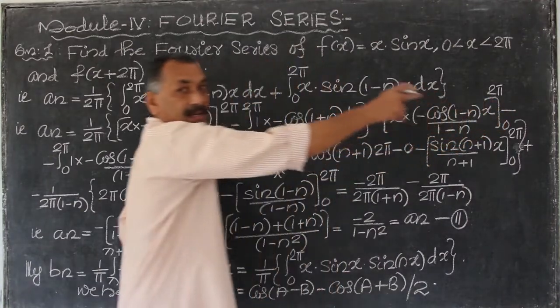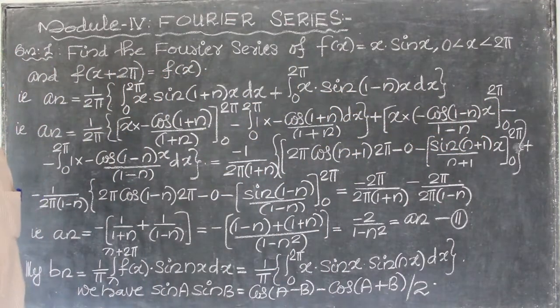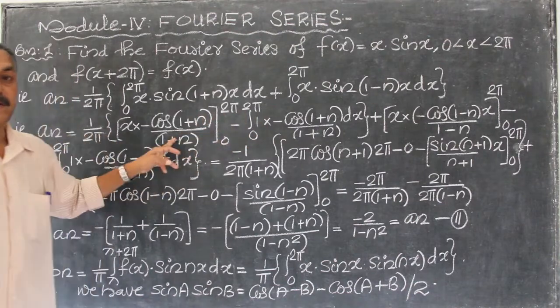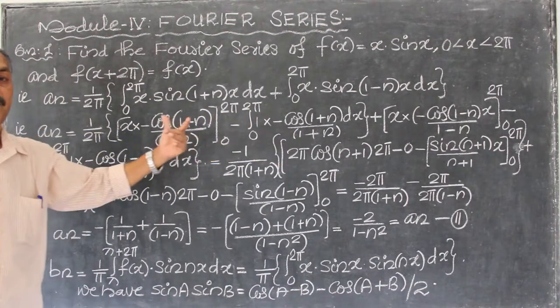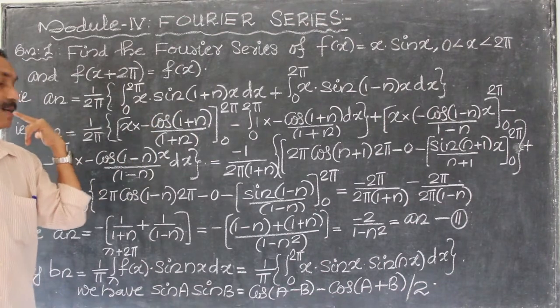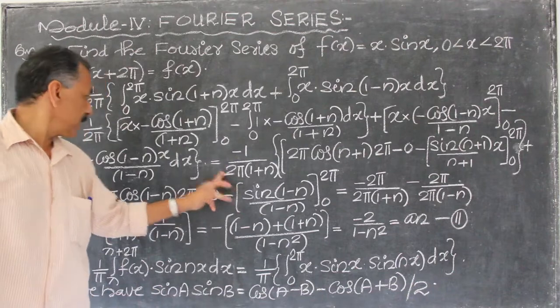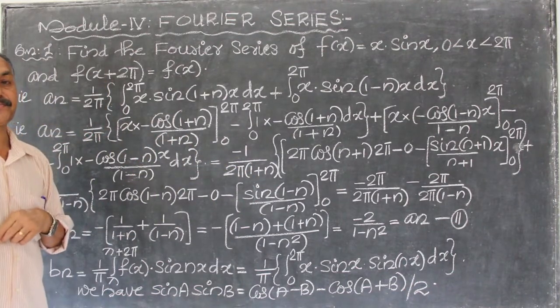This is equal to 1 by 1 plus n outside, minus common, minus 1 by 2 pi into 1 plus n.